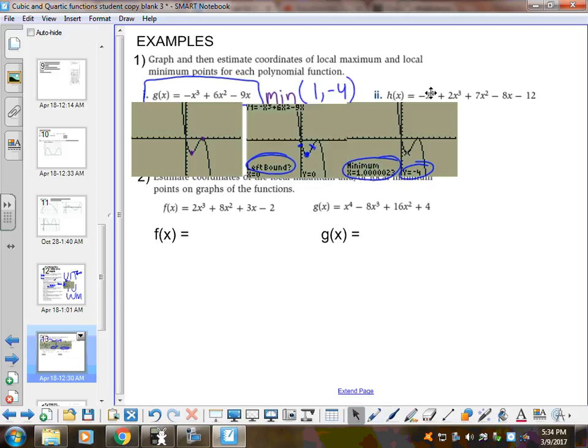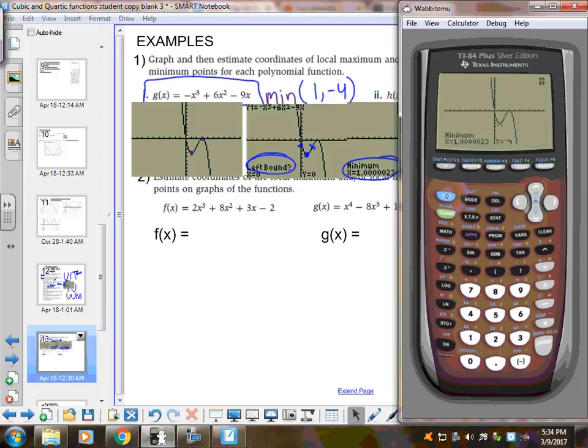All right, now we're going to go get the maximum. You do the same thing. Second trace, but I'm going to pick number 4, max. Then I'm going to move to the left of my maximum, so I'm on the left side of it, so hit enter. Now I'm going to move to the right and hit enter.